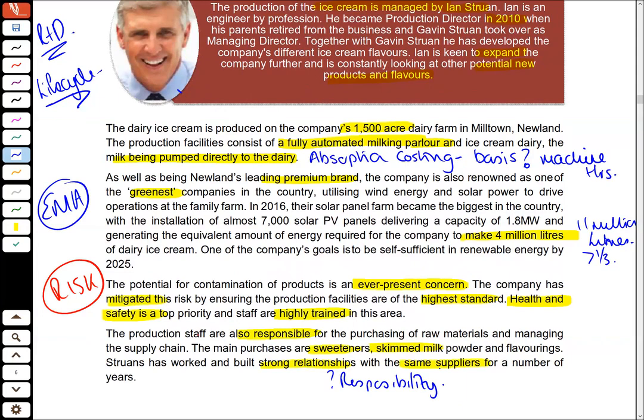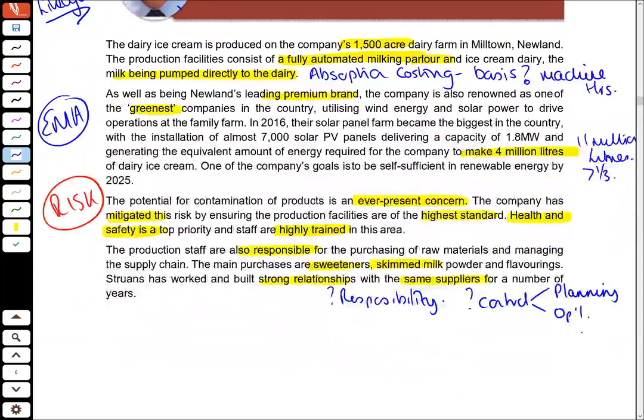Also then, we need to consider the control element, because from a control point of view, what areas are within their control? Again, thinking specifically about variances, we'll have some planning variances and some operational variances. So thinking about appraising their performance based on what is in their control.